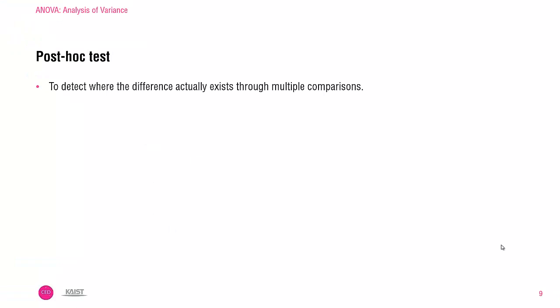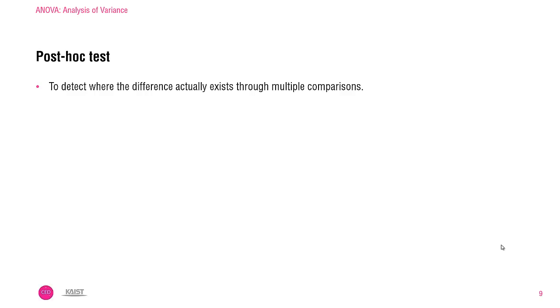As explained, the post hoc test is followed after the ANOVA test. The purpose is to detect where the difference actually exists through the multiple comparisons. I demonstrated to you using the data of wall color evaluation.